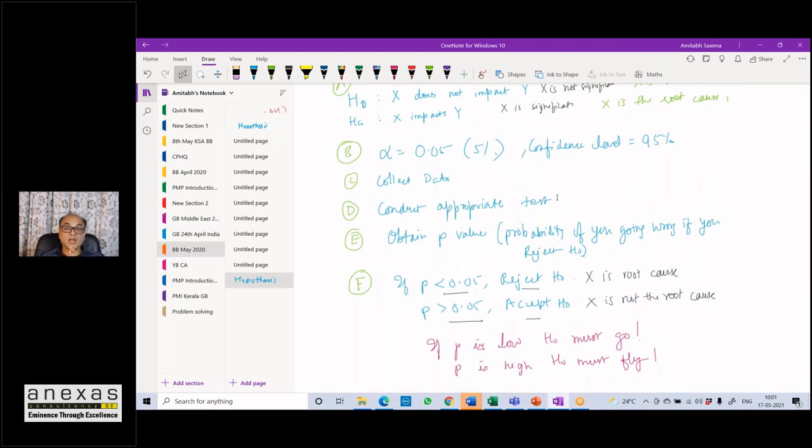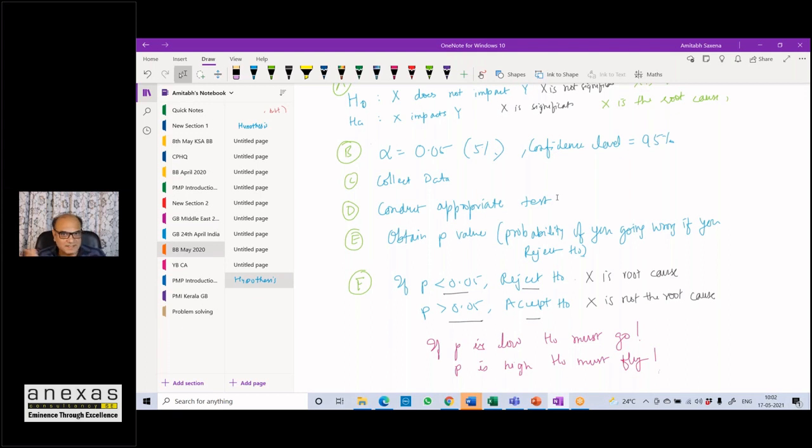So null is always X is not affecting the Y. It has to be chosen. Always X is not affecting the Y. That is the norm. You can't choose null as affecting the Y and that as the alternative. It's like when you go to England, they will say you have to drive on the left side. So you may ask why. I'm from US, so Englishmen will say, well, this is UK, this is England, you have to drive on the left side.